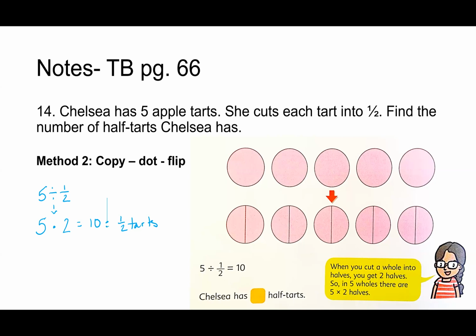Is it 10 and a half tarts or is it 10 half tarts, right? So just use a colon or use something to make it clear to your grader that you're talking about the size of a half tart and there are 10 of them. Michael, you can do that. You could do 10 half tarts. I like that the best, I think. I like that better than my way.